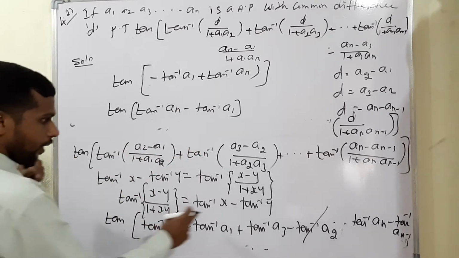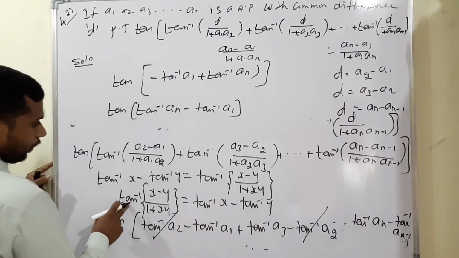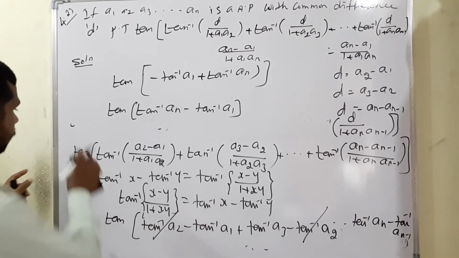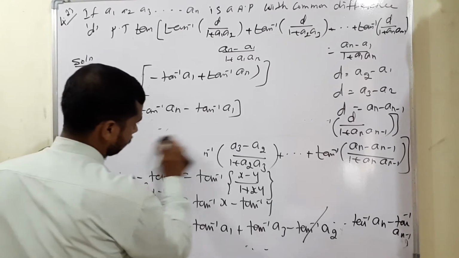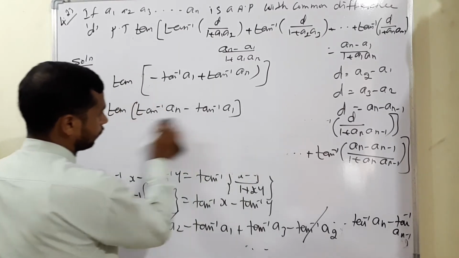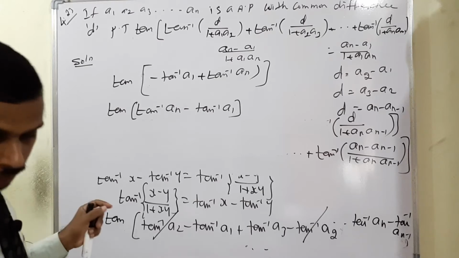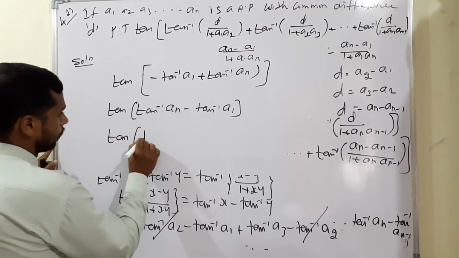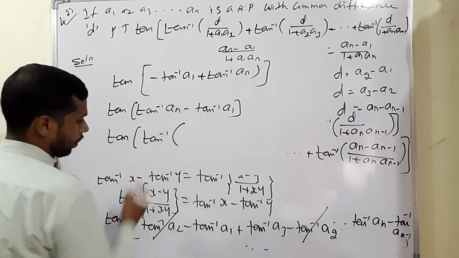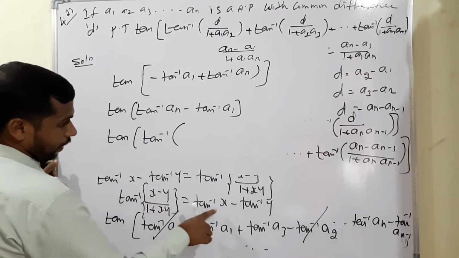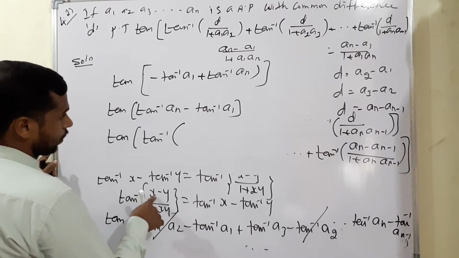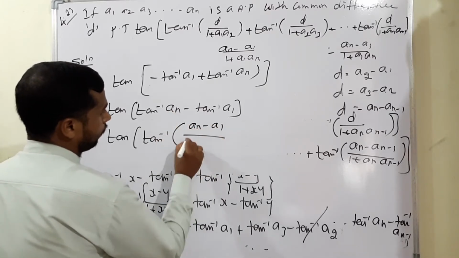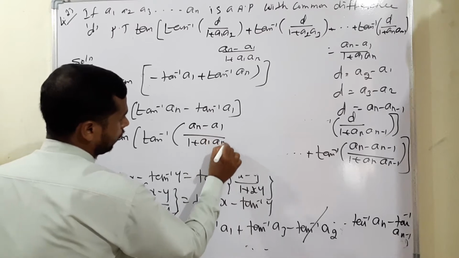What is the formula? Tan inverse x minus tan inverse y means tan inverse of x minus y over 1 plus xy. Therefore, tan inverse of x minus tan inverse y means tan inverse of x minus y over 1 plus xy. With x minus y being an minus a1, divided by 1 plus a1 into an.